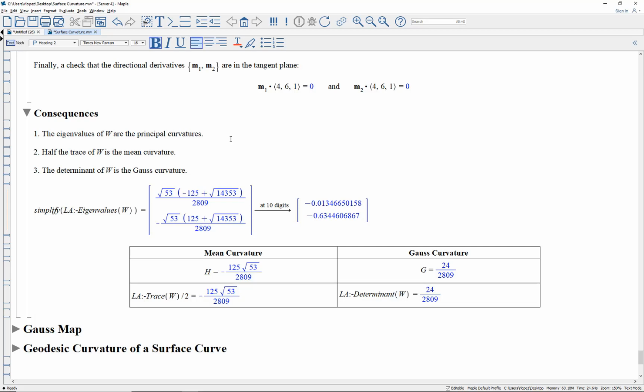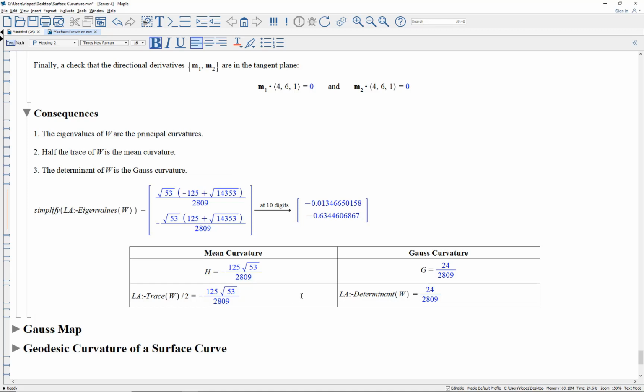I can accept that. Therefore, half the trace is going to be the mean curvature, and the determinant is going to be the Gauss curvature. If you get the eigenvalues of W, they look familiar, and you float them, these are the right numbers. If you look back at the mean curvature and the Gauss curvature that we obtained earlier and compare that to the trace and determinant, they're the same.